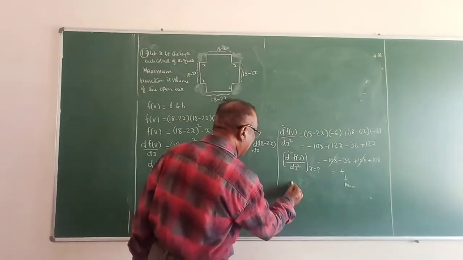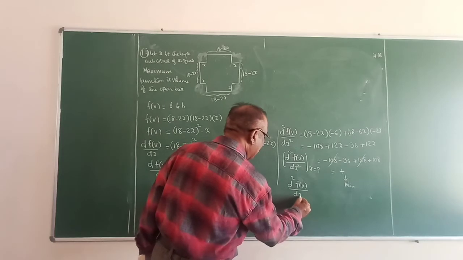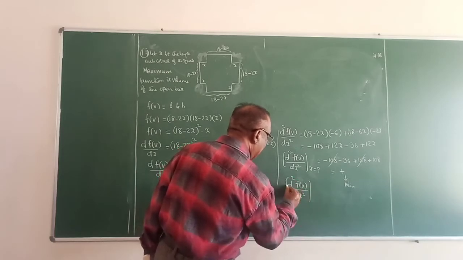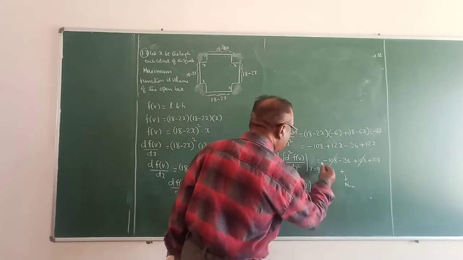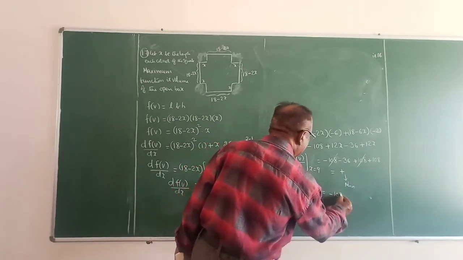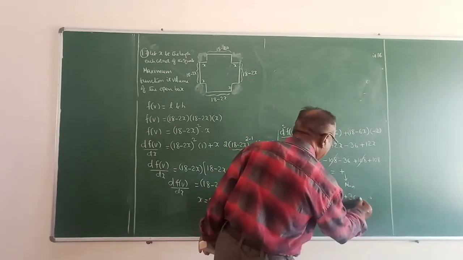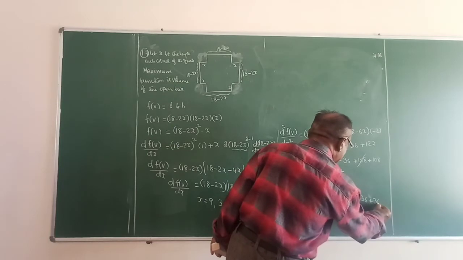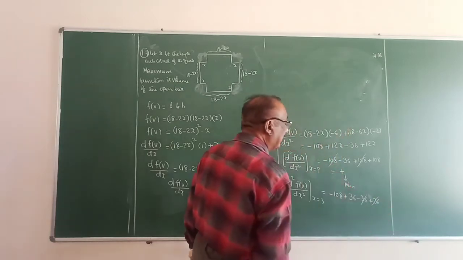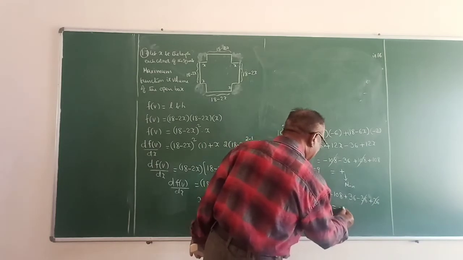Next, d square f of y by dx square at x is equal to 3. Substitute x is equal to 3. So minus 108, and 12 into 3 is 36, minus 36. 12 into 3 is the plus 36. These two are cancelled. So minus 108 plus 36 is negative.